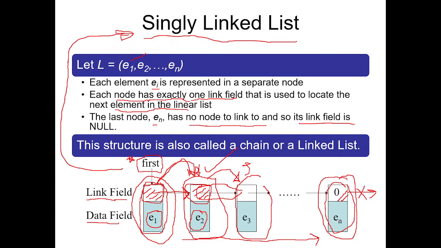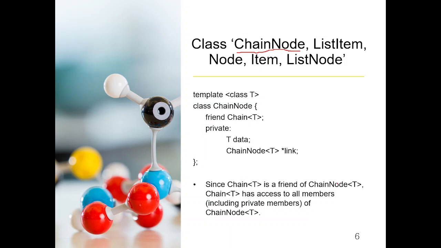When we implement a singly linked list, we are going to create a class that represents these nodes. That class can be chain node, list item, list node, you can name it anything. In these slides the term chain node is used, and if you see, it has two data members: one field to store data, and the other is the link field, which links it to the next element in the chain.